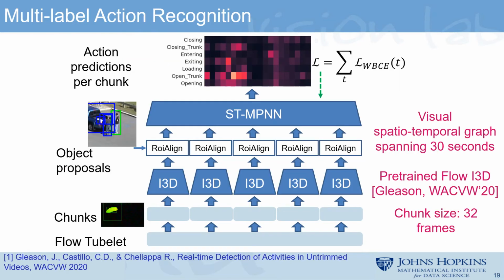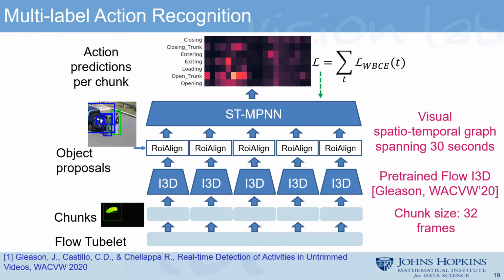Here is how we utilize the ST-MPNN for processing our tubelets. We start from an optical flow tubelet and divide it into non-overlapping 2-second chunks. We then pass each chunk through a pre-trained 3D convolutional network and pull actor and object features based on detections in order to build the visual graph.